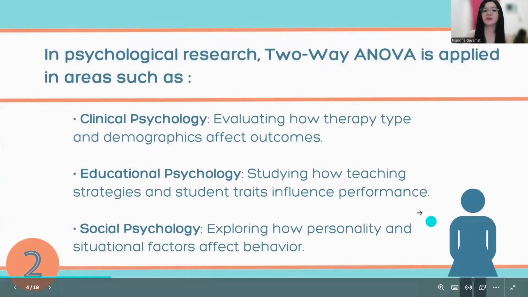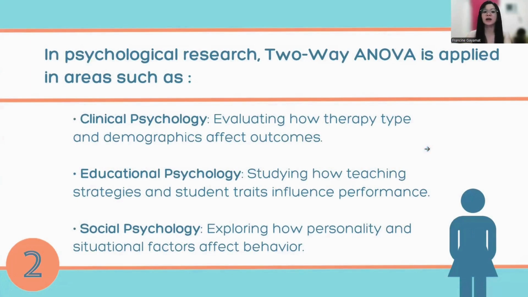In psychological research, two-way analysis is applied in areas such as clinical psychology, where you can evaluate how therapy type and demographics affect the outcomes. Also educational psychology, studying how teaching strategies and students' traits influence one's performance.